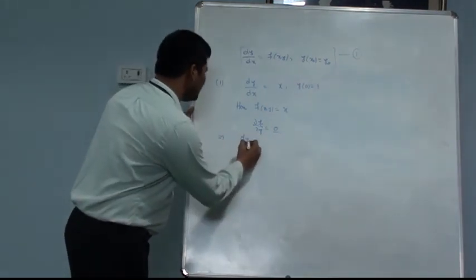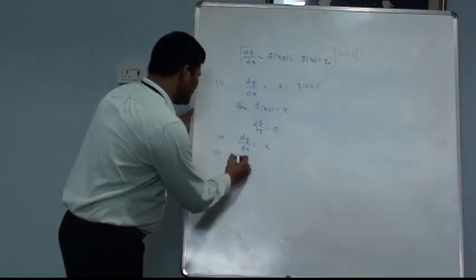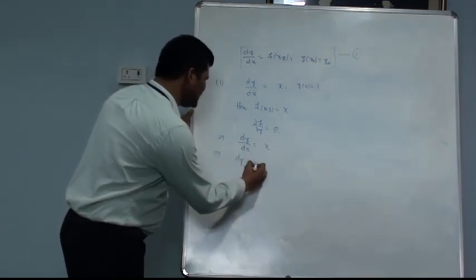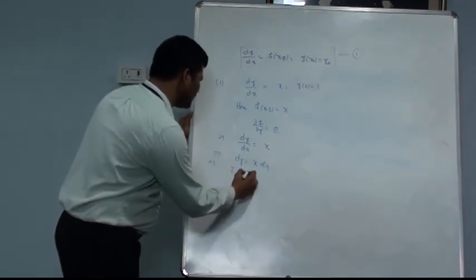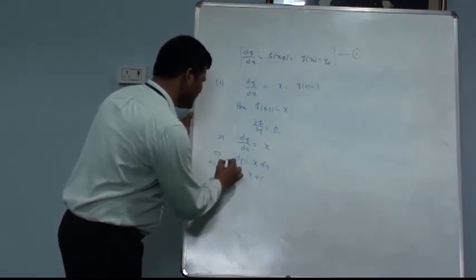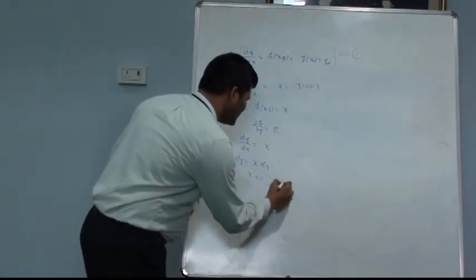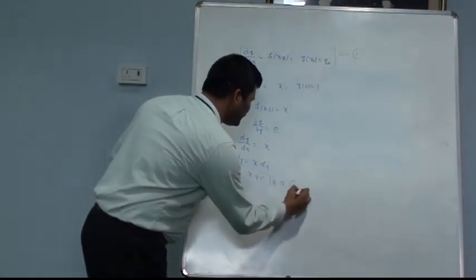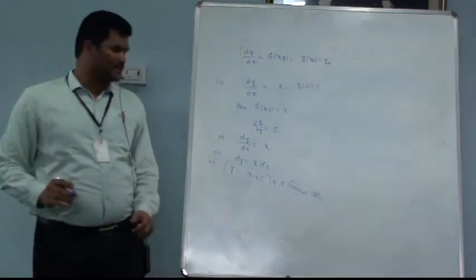Let us see what type of solution exists. dy by dx is equal to x, dy is equal to x dx, apply integration on both sides, y is equal to x plus c, which is a general solution.